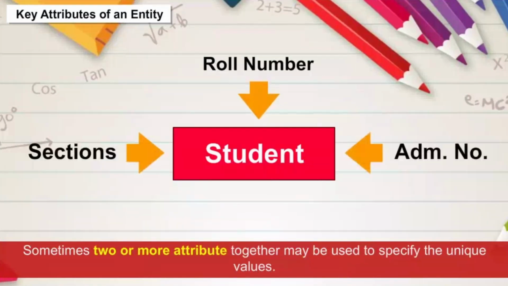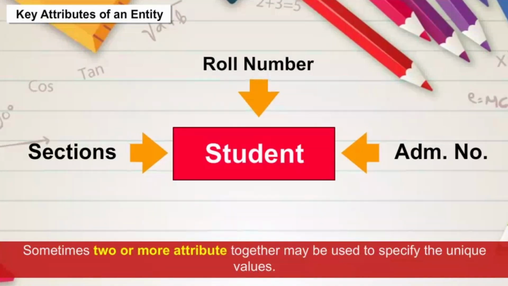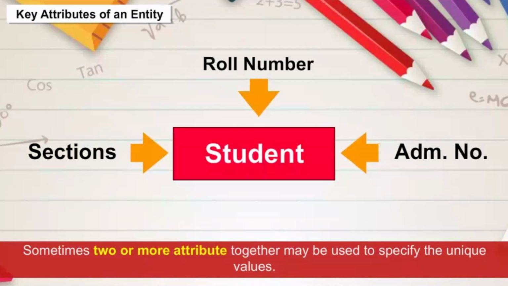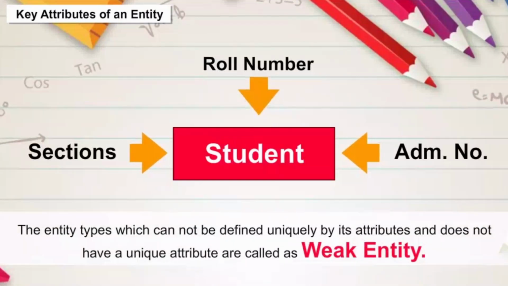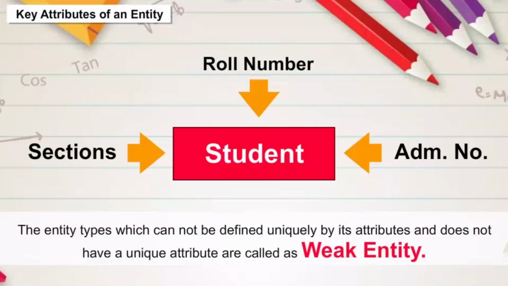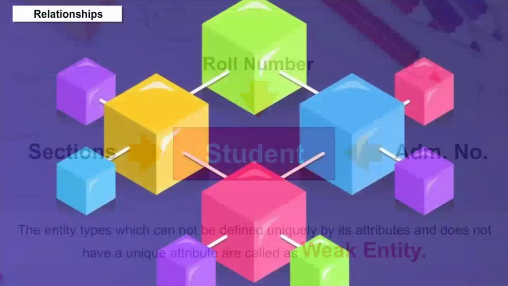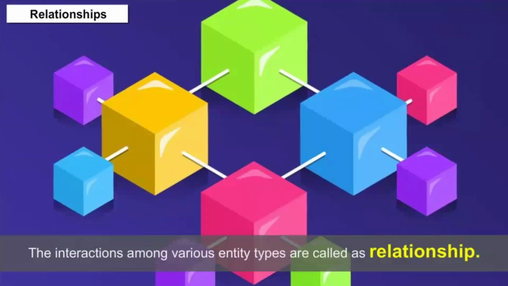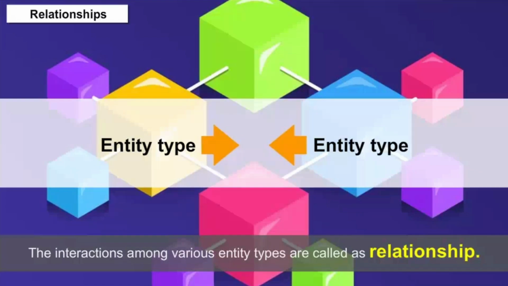For example, the student entity type can have section and roll number as composite keys. The entity types which cannot be defined uniquely by their attributes and do not have a unique attribute are called weak entities.